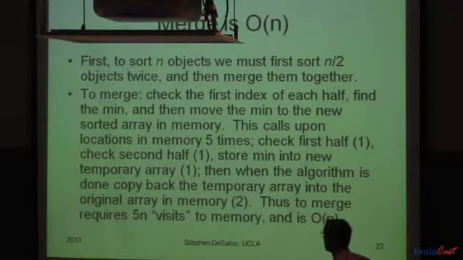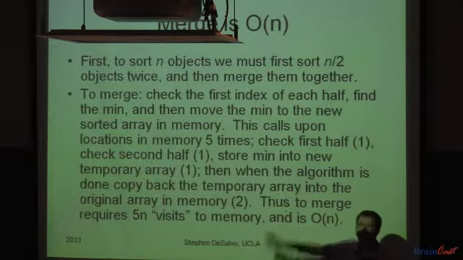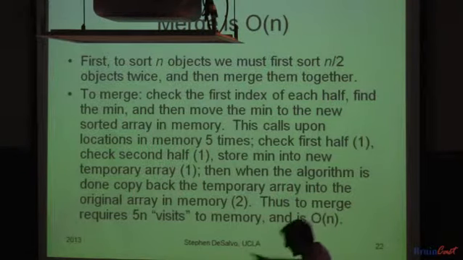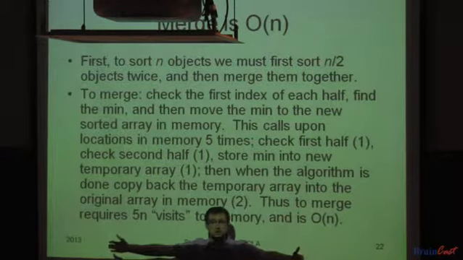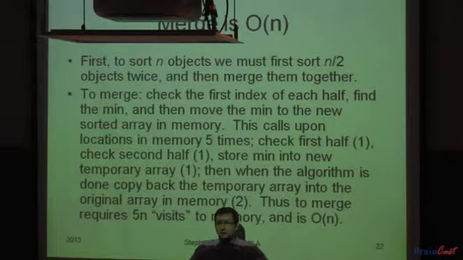So thus, to merge requires 5 times the number of points you're trying to merge. Again, this 5 is fixed. It doesn't matter how many points you have to merge, there's only a fixed number of operations for each pair that you're going to go through. And there's n total, so it's 5 times n, or maybe 6 times n.